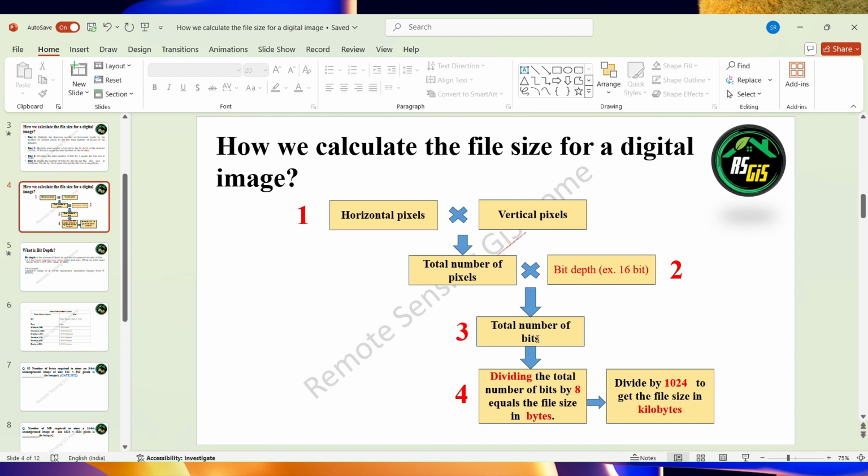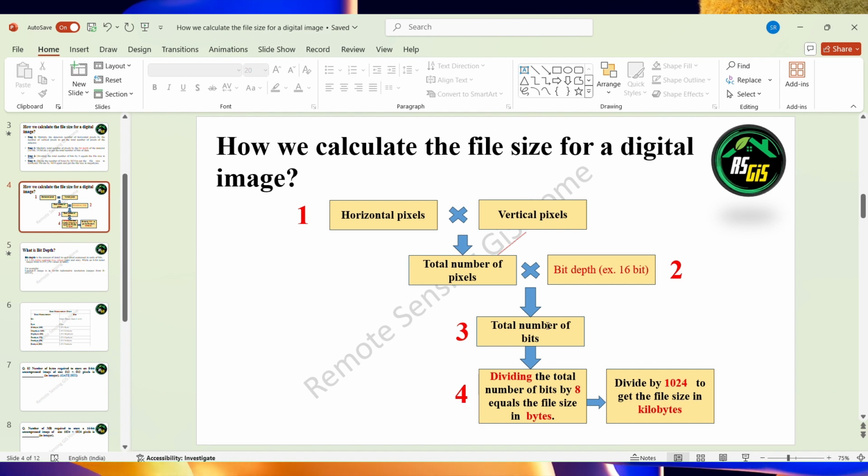After getting the values in bits, if they are asking for the file size in bytes, then you go to the fourth stage. Otherwise, if they only ask for bits of image storage, you can stop here. If they ask how many bytes are required to store a digital image, go to the fourth stage.